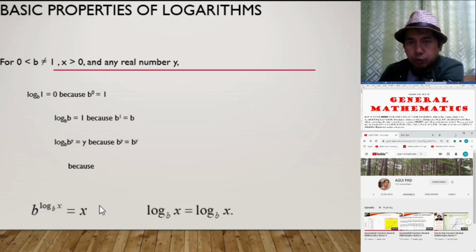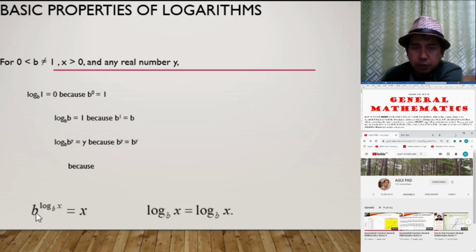Now, you will notice in here the explanation, okay? That when we have b raised to log of x with a base b, it will give you a result of x. Again, if your b or any number is raised to the logarithm of x with the same number, it will give you a result of x. Why?